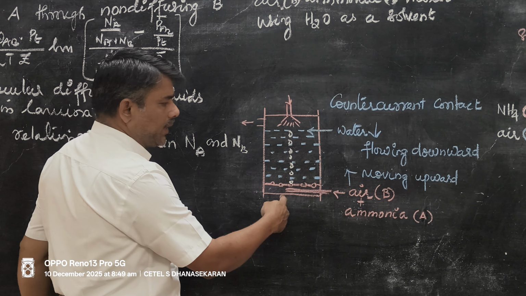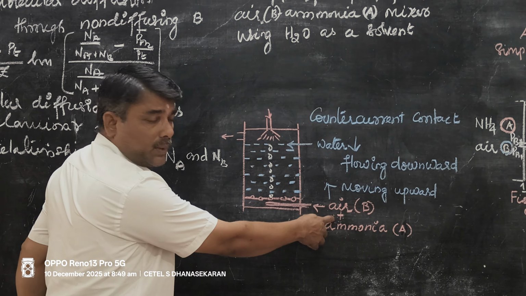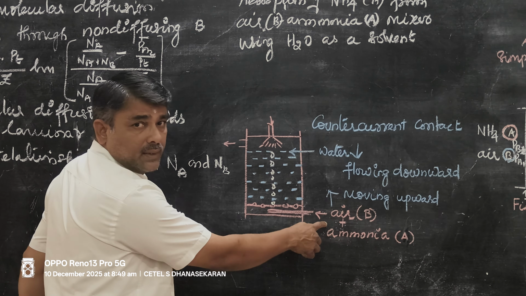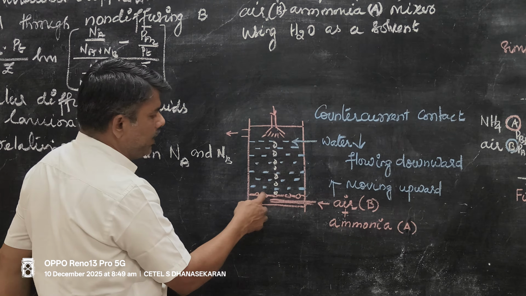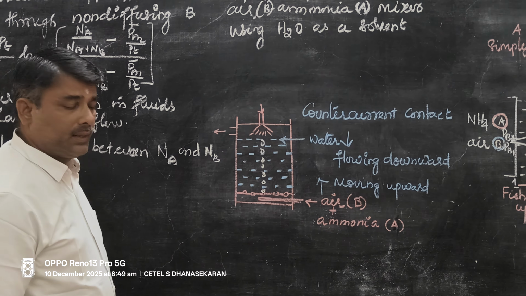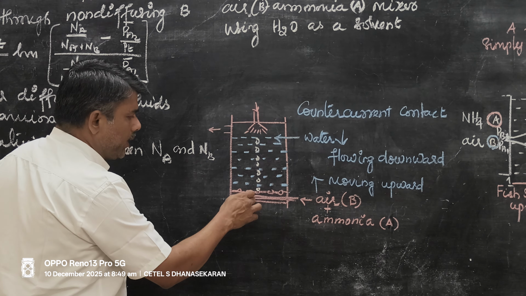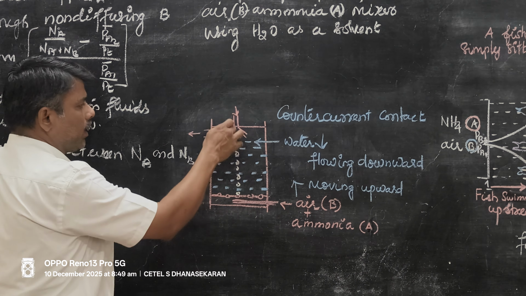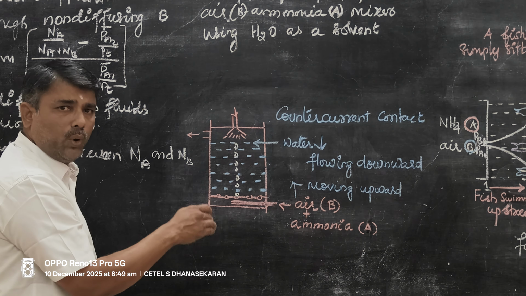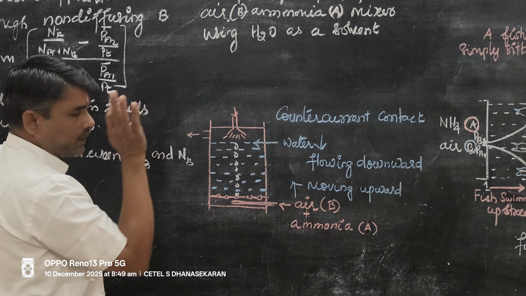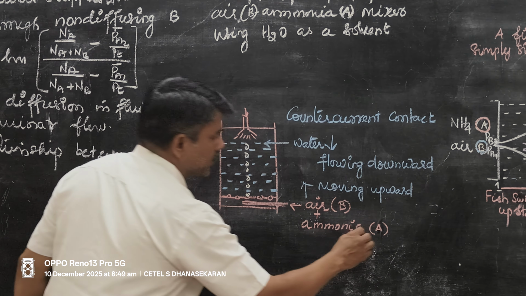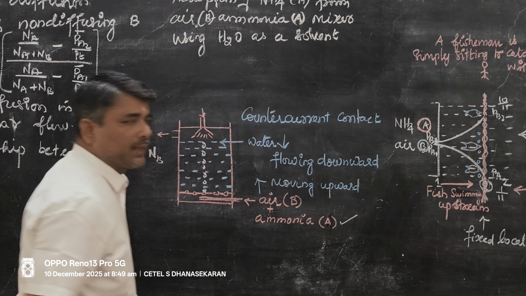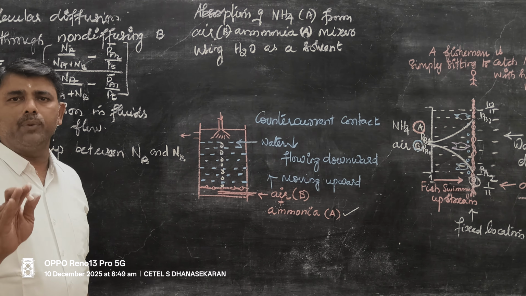In the bottom, there is a provision to supply the air and ammonia mixture, entering through a sparger. Air and ammonia move from bottom to top. During this movement, ammonia is being absorbed by water. At the same time, air will not be absorbed by water.